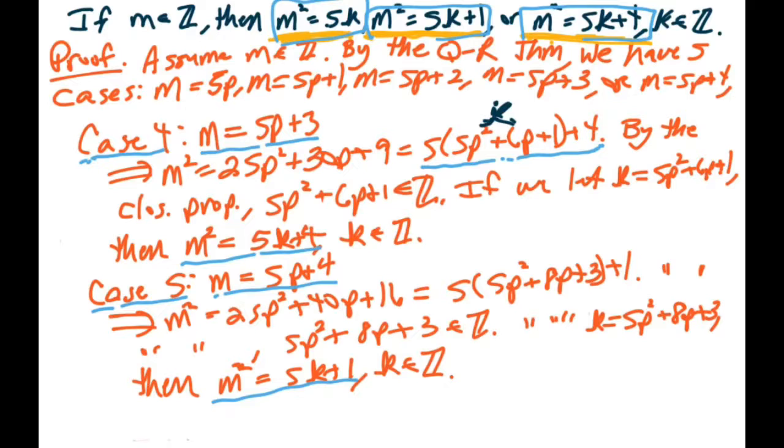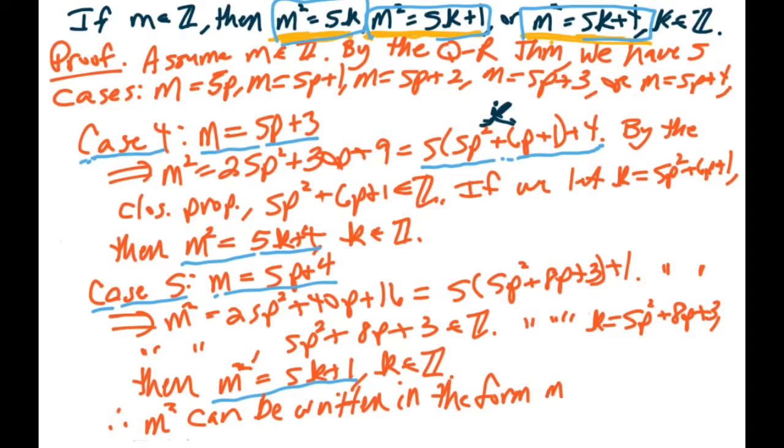All right, so let's make our final conclusion. We'll say, therefore, m squared can be written in the form m squared equals 5k, m squared equals 5k plus 1, or m squared equals 5k plus 4.